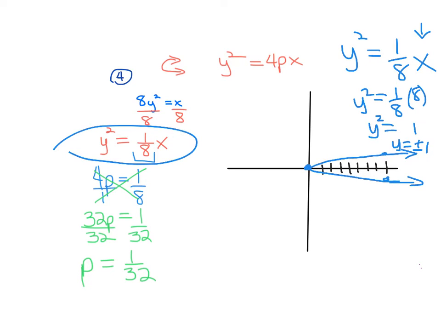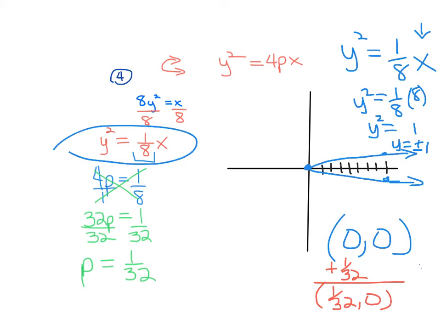And notice it's symmetrical. I now need to find the focus point. Again, I'm using my vertex of (0, 0). My p-value is 1/32, so I'm going to add that to the x. And my focus point is now going to be (1/32, 0). So right there.